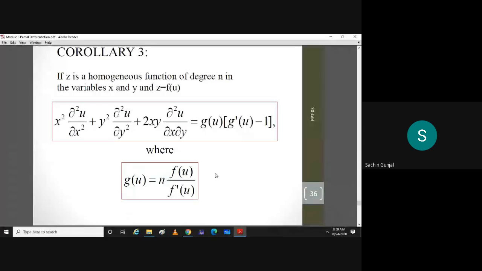So substitute here: minus 1 by 12 tan u into bracket minus 1 by 12 sec square u minus 1. Now you need to simplify it.